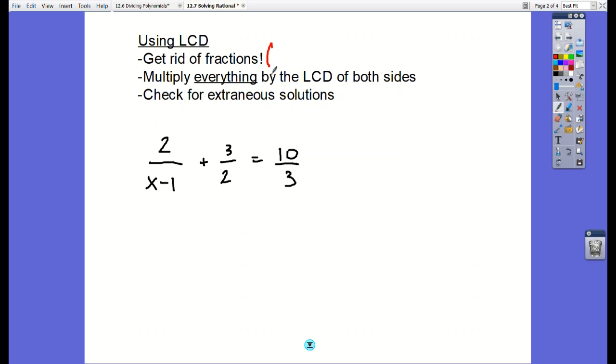I'm actually going to add a note here. I'm going to say your second line of work should have no fractions. If you have fractions after one step, something went wrong.